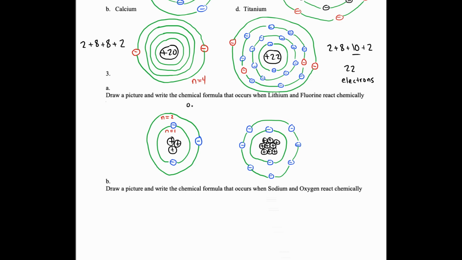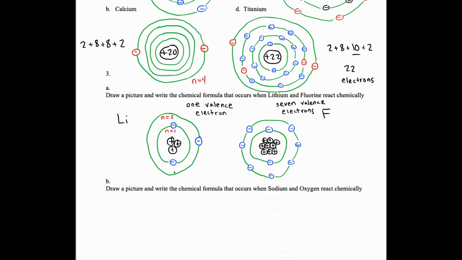Lithium has one valence electron. That is one electron in its outer shell. Fluorine has 7 valence electrons in its outer shell.